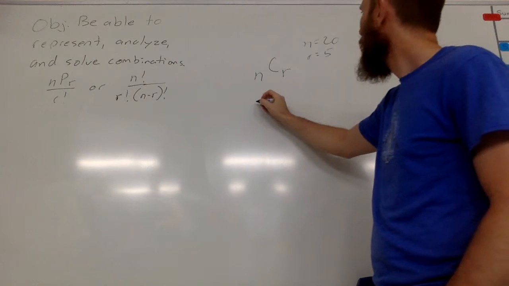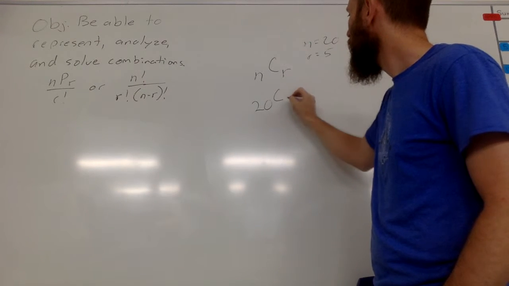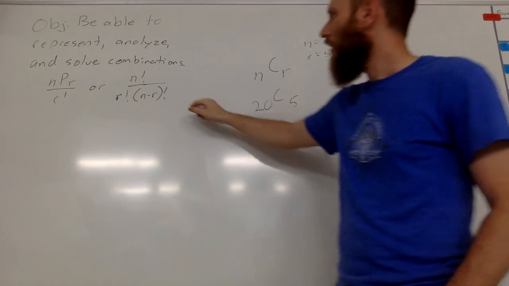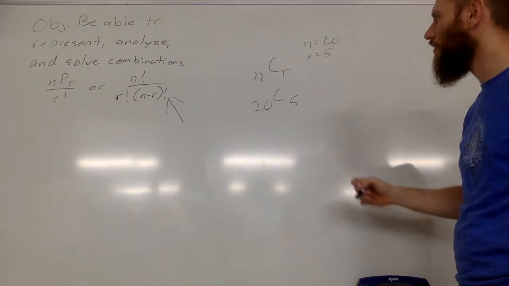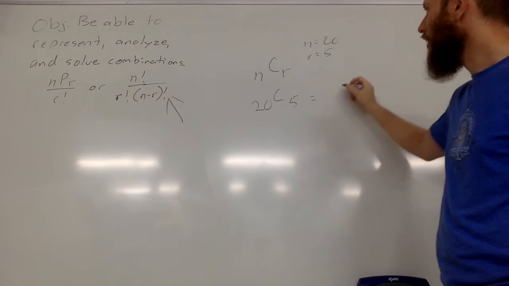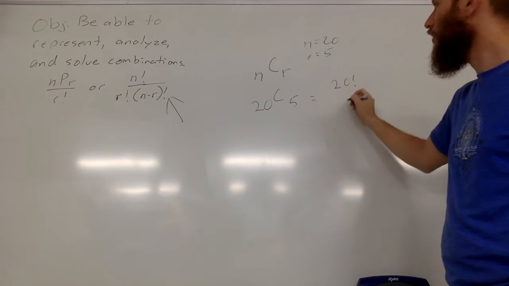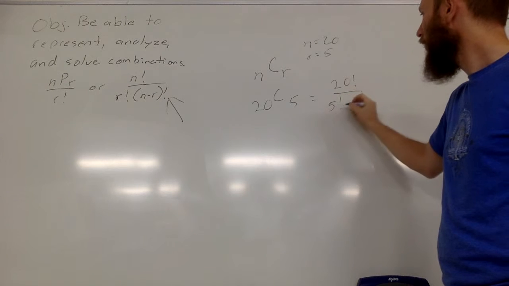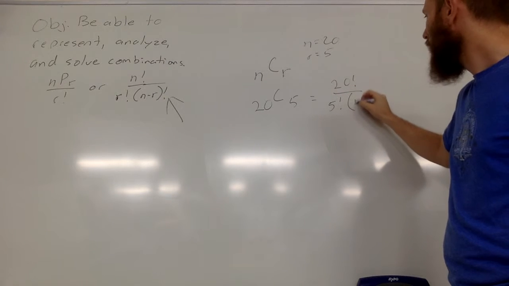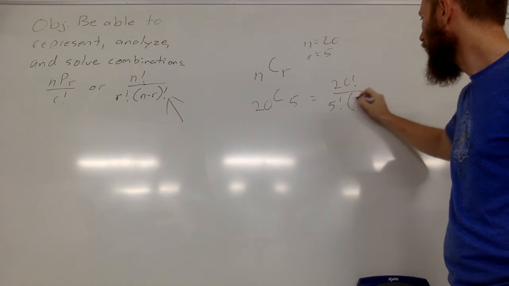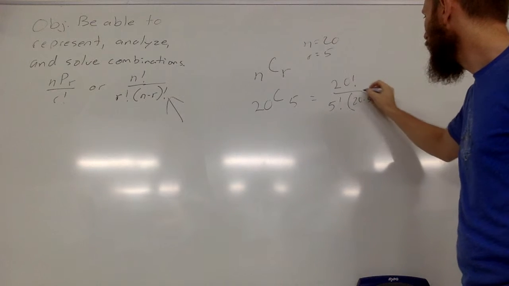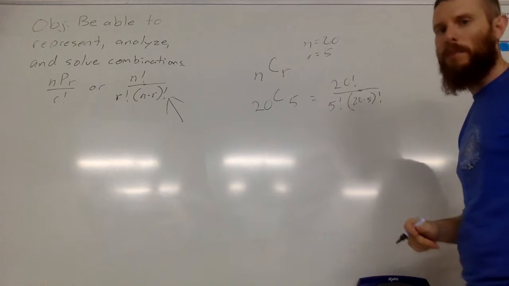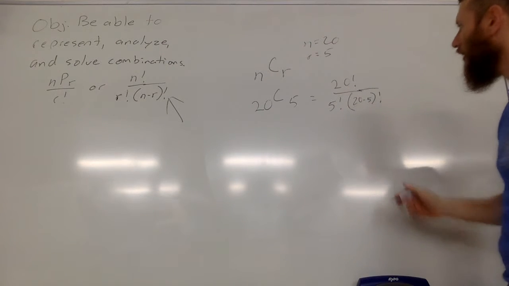So we would do 20C5, which is a condensed, easier version of doing this problem. That's 20 factorial over 5 factorial times 20 minus 5 factorial. And again, this is going to arrive at the same answer, just in a slightly different way.